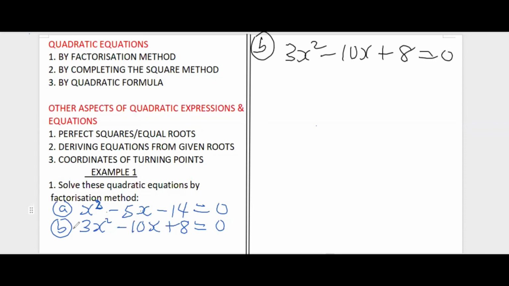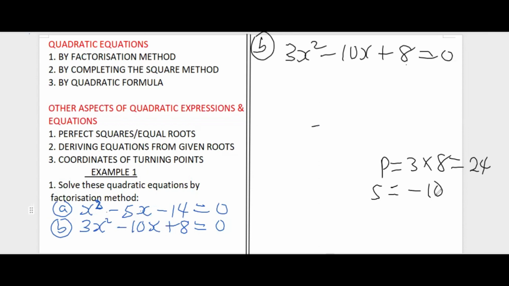So test your product. Your product is the coefficient of x squared and the constant, that is 3 times 8, which is positive 24. And your sum is the coefficient of x in the middle, which is minus 10. What two numbers do you multiply to give 24, and when you sum them give minus 10?